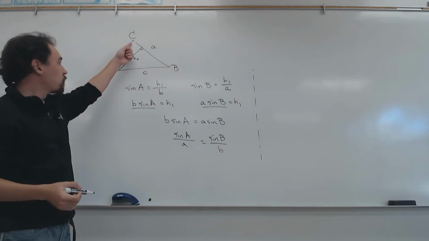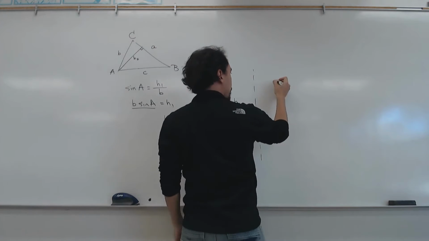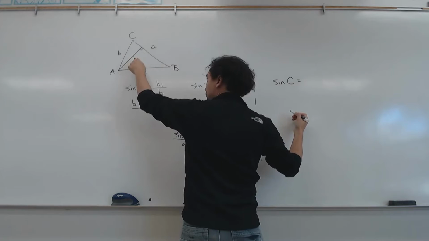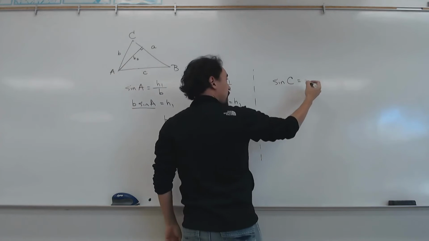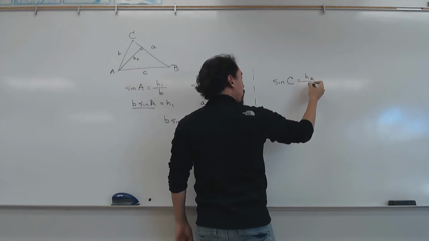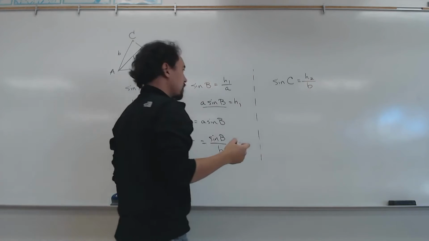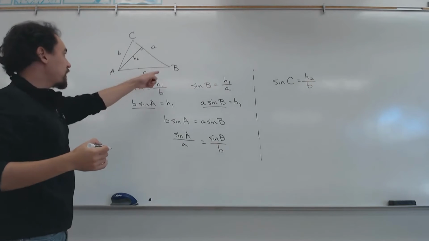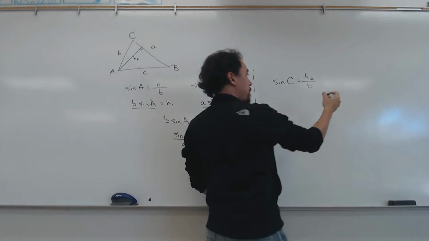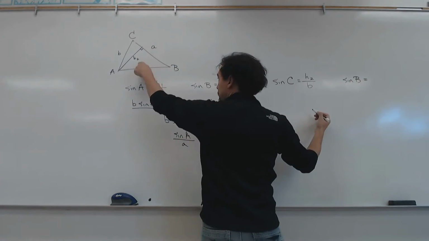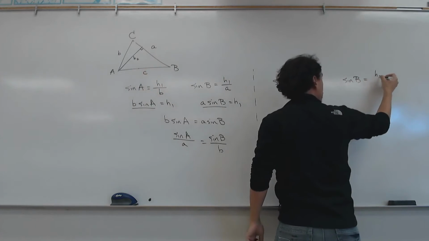We'll write down an expression using the sine of angle C as opposite over hypotenuse from angle C's perspective. Then we'll write down an expression using the sine of B, which is opposite over hypotenuse from angle B's perspective.